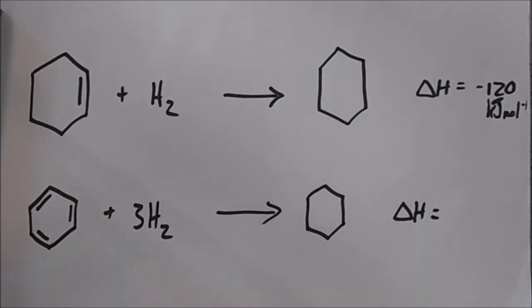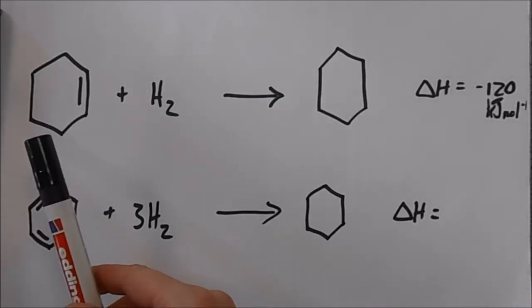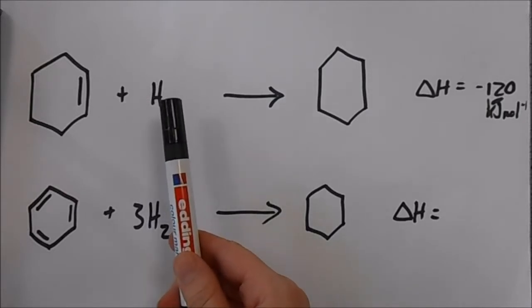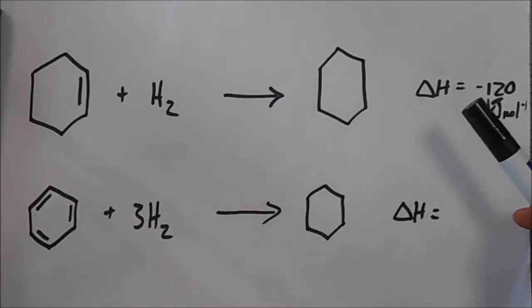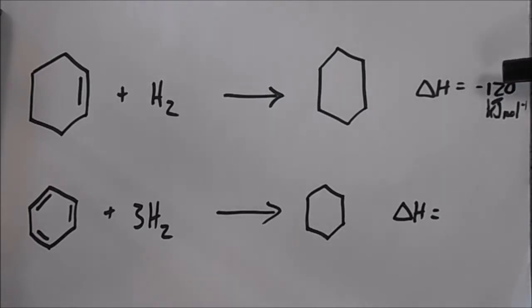A second really important piece of evidence for the structure not being correct is working out the enthalpy change of reaction. And if we take the enthalpy change of hydrogenation and we work it out for cyclohexene again, we should have an exothermic value of minus 120 kilojoules per mole.